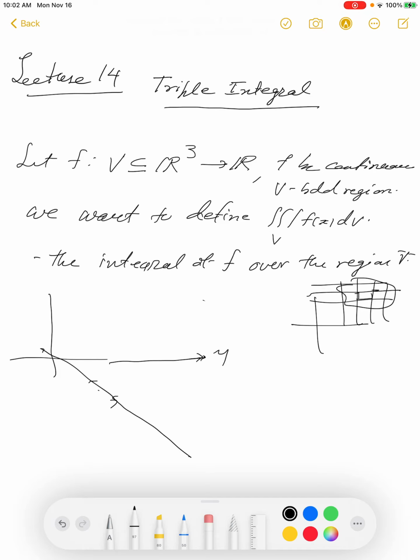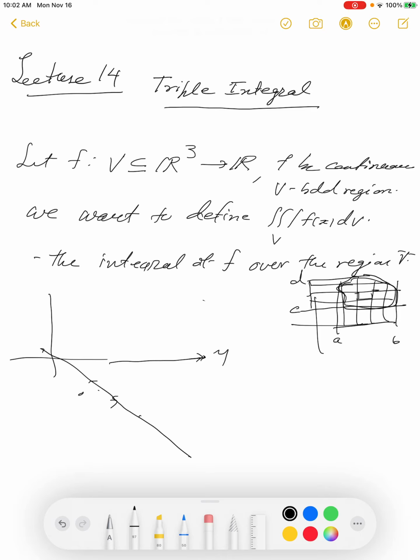Suppose these are the boundaries of the region in the x component, and these are the boundaries in the y component. Then you take a partition of the interval AB, a partition of the interval CD, and that way you get a partition of the region in terms of rectangles, not squares.